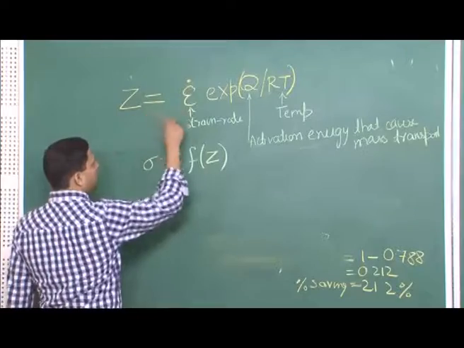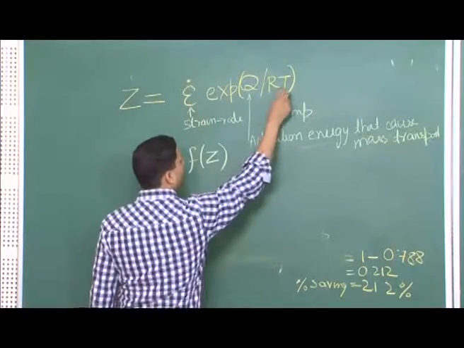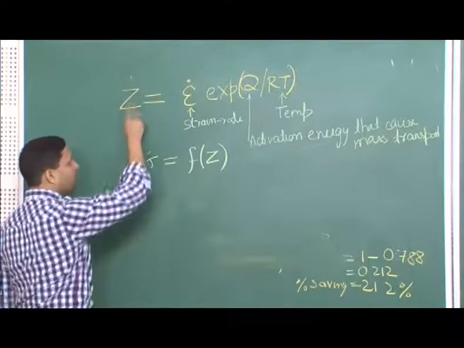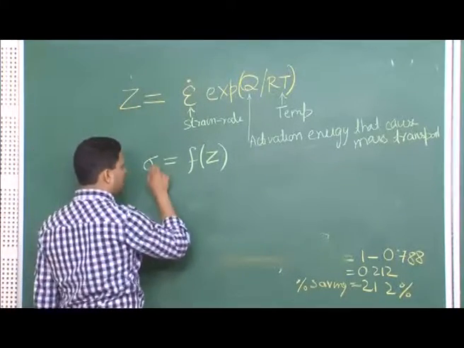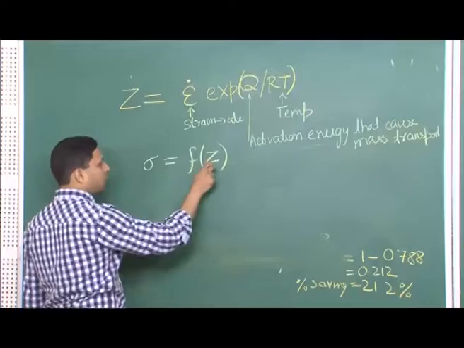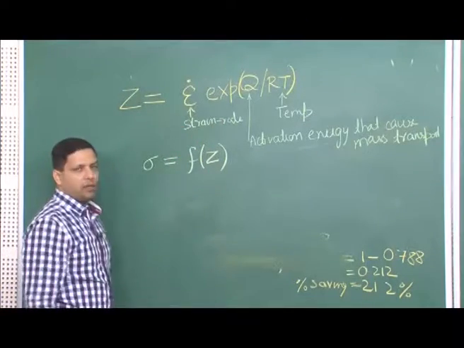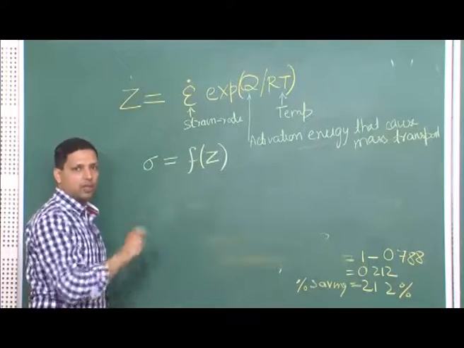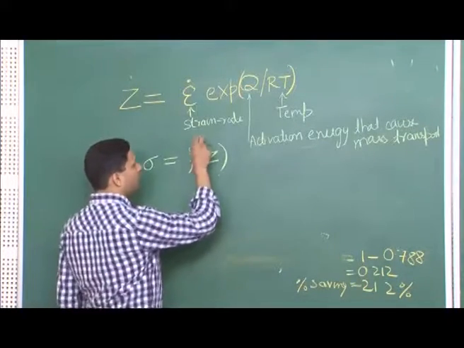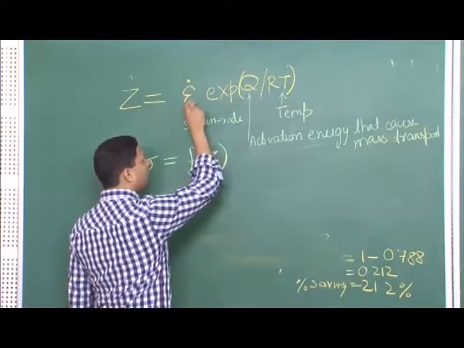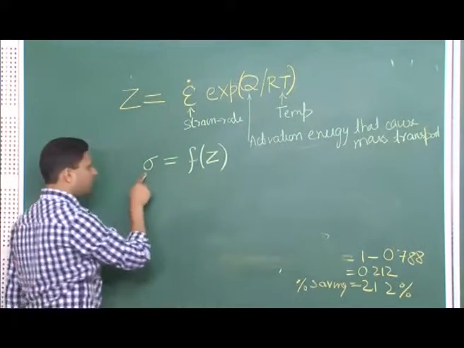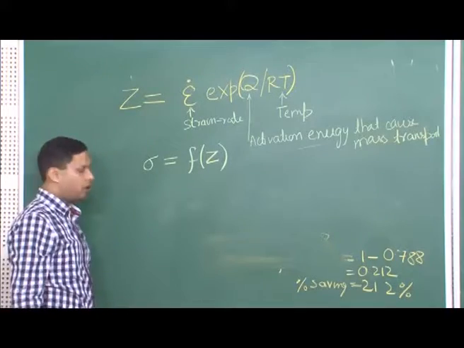What this means is that there may be several combinations of strain rate and temperature which give you the same Z value, and since flow stress is a function of Z, therefore, for all those combinations of strain rate and temperature you would get the same flow stress value. So, that is the important aspect. Now, for a different strain rate, of course, at the same time you will have to change temperature and still get the same flow stress value.